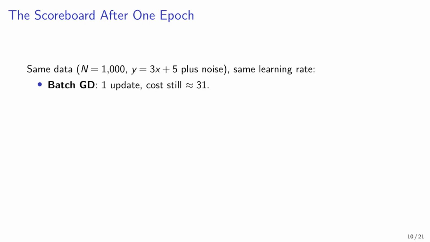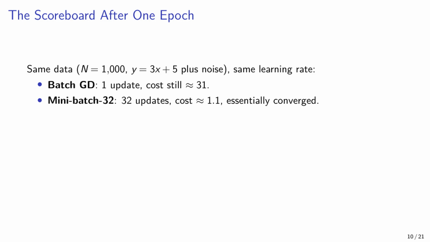After one full epoch, look at the scoreboard. Batch gradient descent has taken just one update, and its cost is still about 31. Mini batch with batch size 32 has taken 32 updates in that same epoch, and it already sits at a cost of about 1.1, essentially converged.